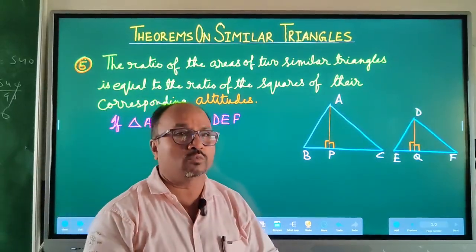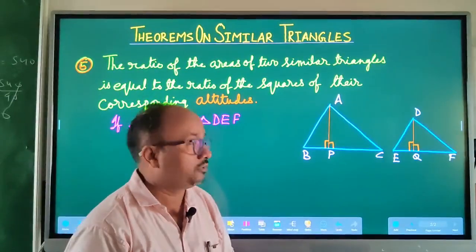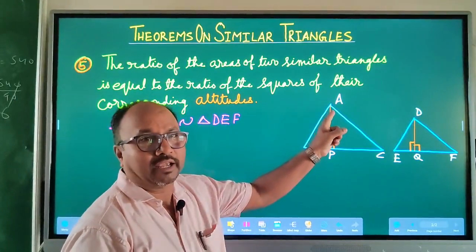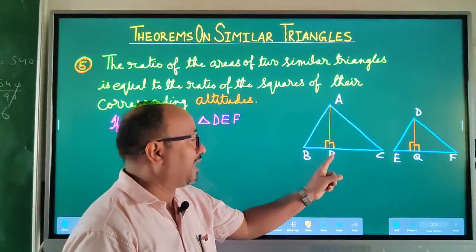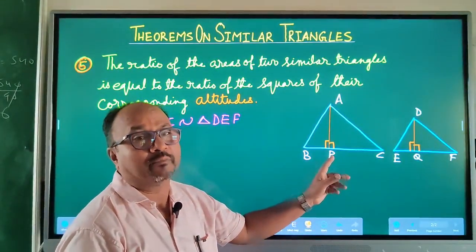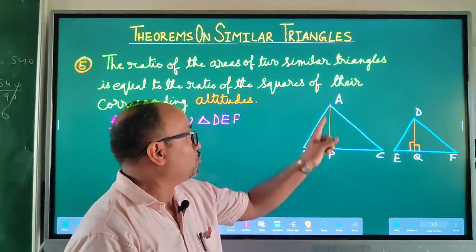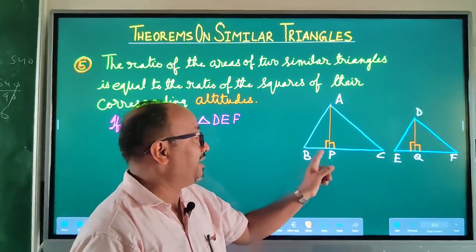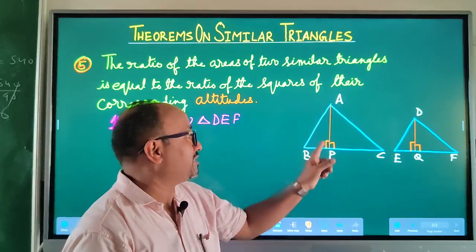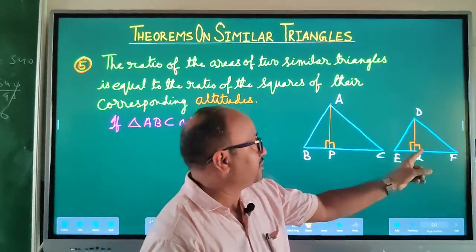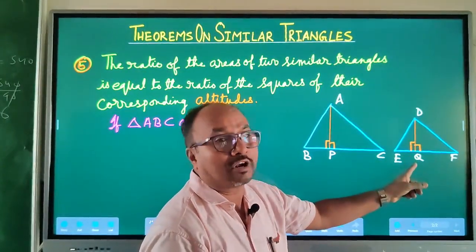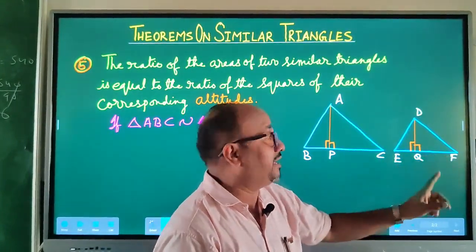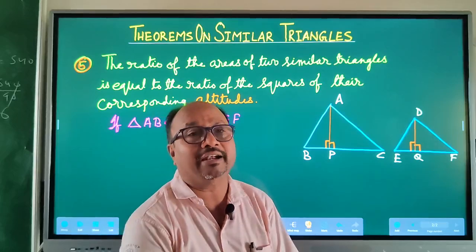Now we should know what an altitude is. From the vertex A, when I draw a perpendicular line on the opposite side, it becomes an altitude. So AP is drawn perpendicular to BC, so AP is the altitude here. And in this triangle, from D I have drawn a perpendicular on the side EF, so DQ is the altitude.